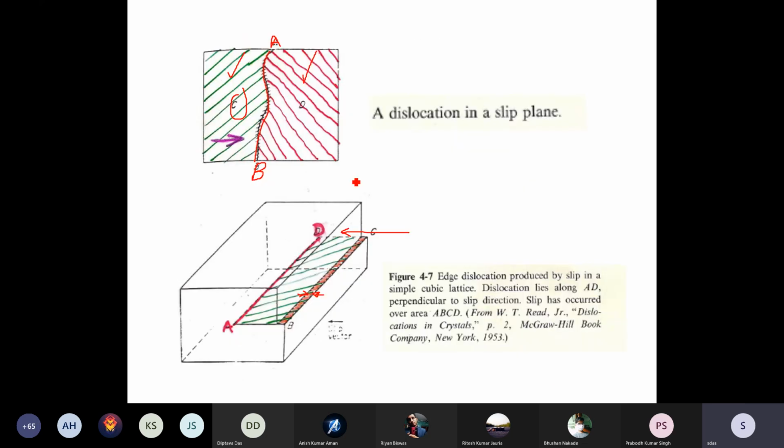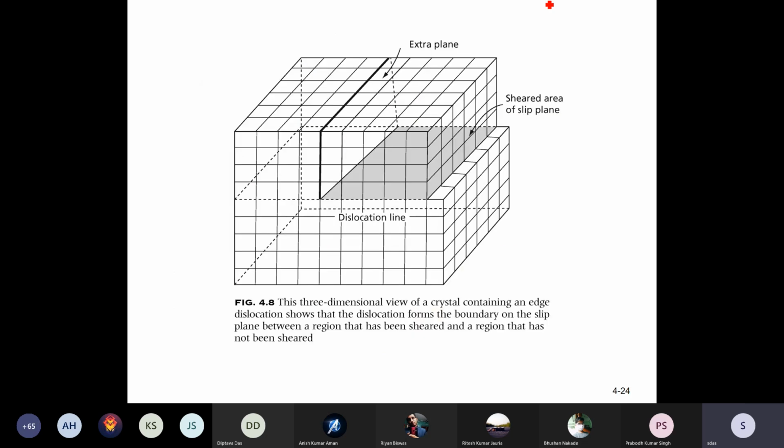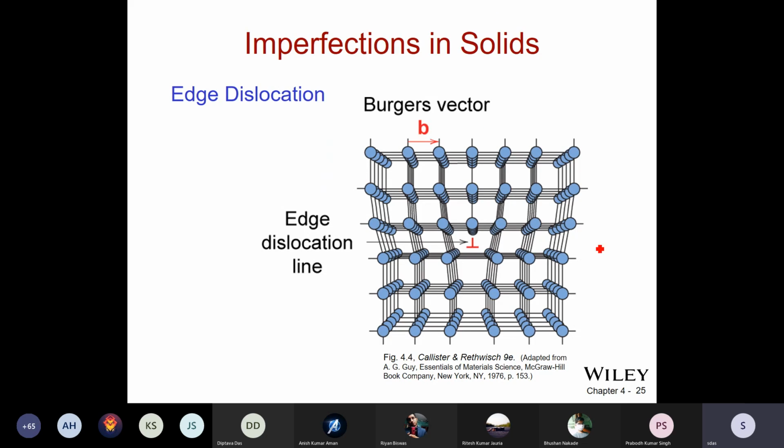Now I will not start the next slides, but I just want to point it out. This is an AD line separating the slip region from the yet to be slip region. So if I take a plan view of the line AD, this plane, this region will appear like this.